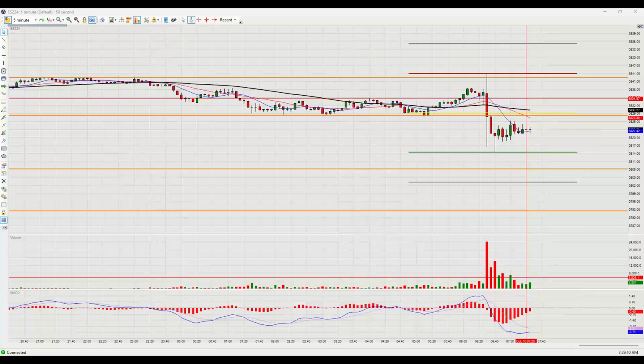But what will be very clear is if I execute a trade, I'll let you know, and how I manage it, if I stay in or out, if it hits a stop loss, if it goes to profit target, I'll let you know that.